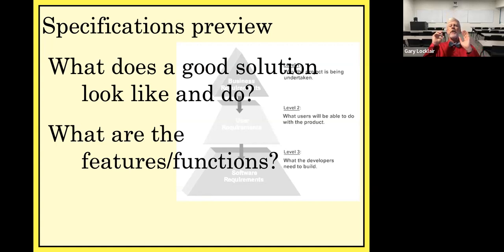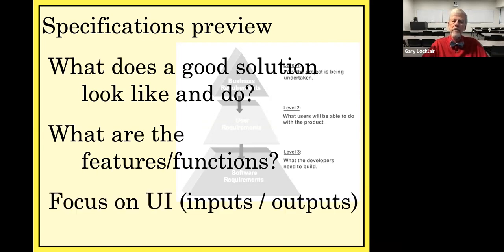A feature is an out-facing thing on the user interface. The function is the internal algorithm that implements that. For now, we'll just call them the same thing. You can use one term or the other. What features does the app need? What functions does the app need to perform? What's a good solution look like and do?